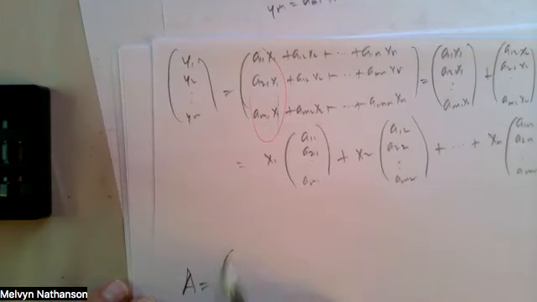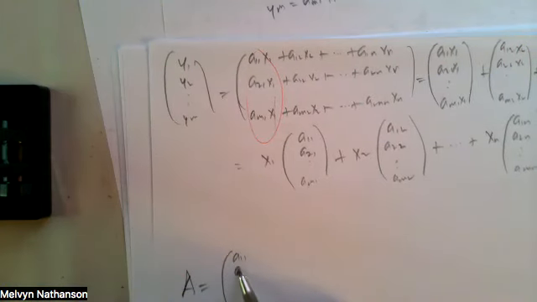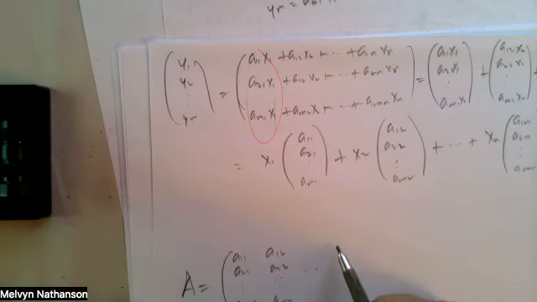Here is my matrix A. Let me write it down again. A was the matrix A11, A21, down to AM1, A12, A22, down to AM2, A1n, A2n, down to AMN.